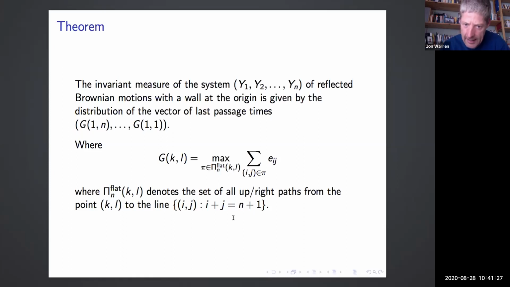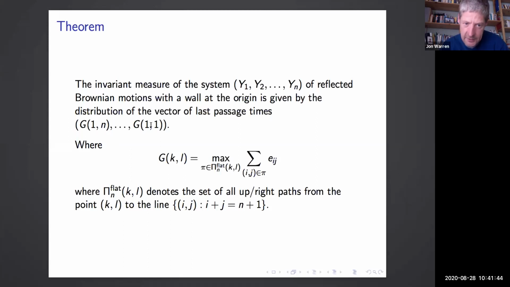Your path pi is then a trivial path that just picks up one box. That's one exponential, and so G1n is an exponentially distributed random variable. That is, of course, the marginal distribution of Y1.